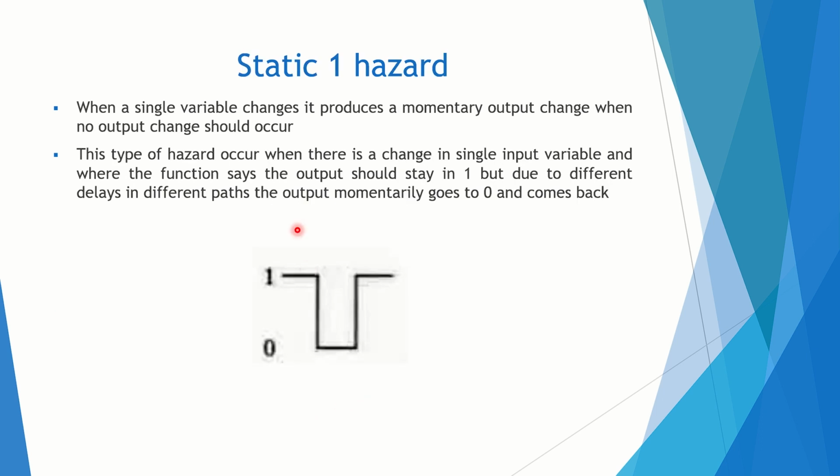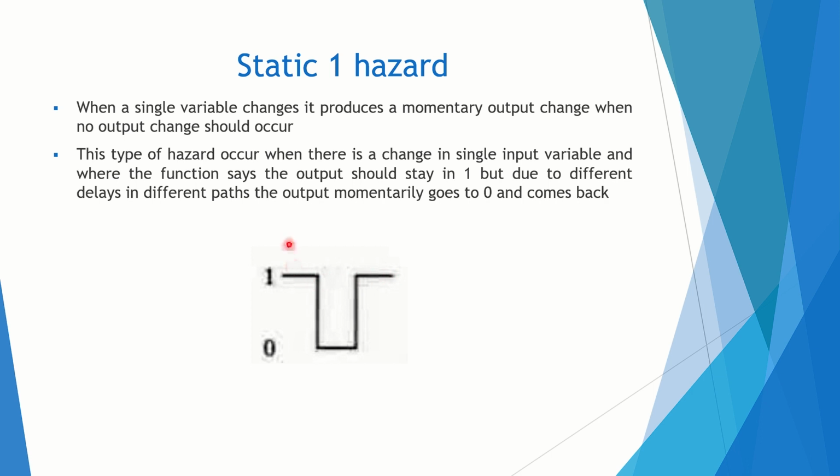So first we will see what is static 1 hazard. When a single variable changes, it produces a momentary output change when no output change should occur. Actually, the circuit function says the output should remain at state 1, at logic 1.